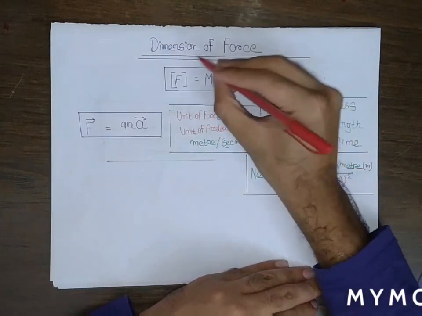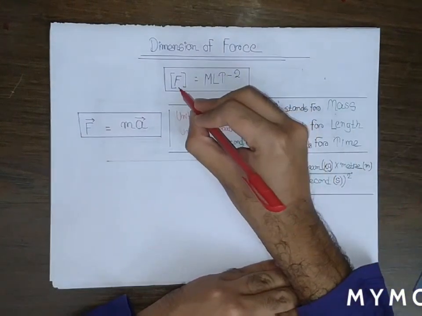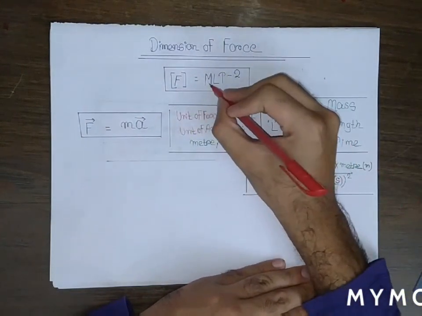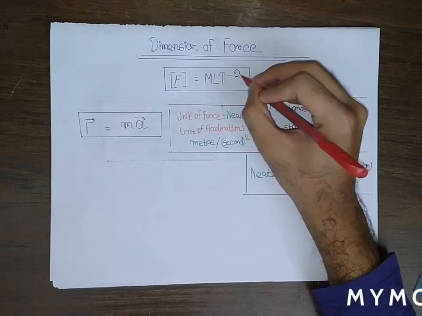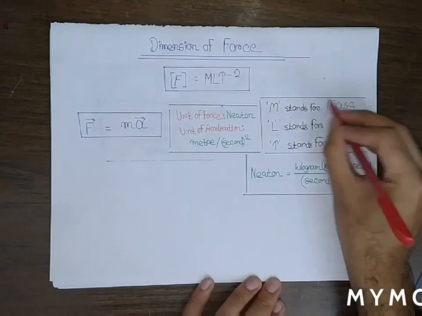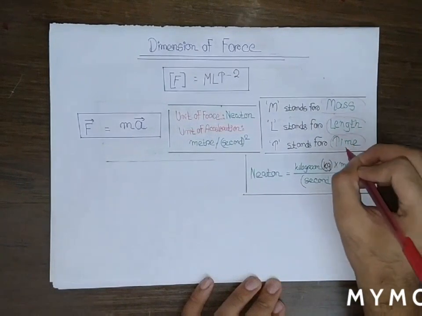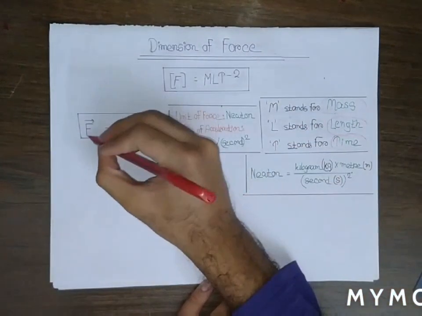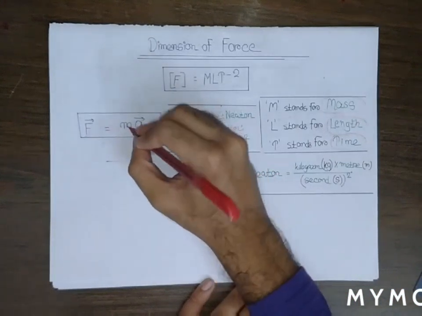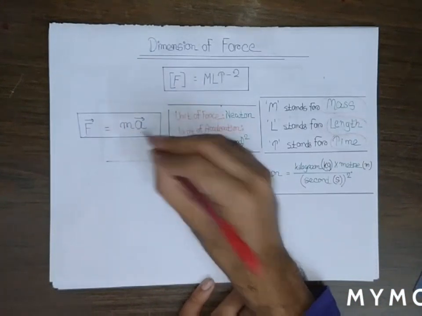Now, dimension of force. Here I have written the dimension of force equals to M L T inverse 2. M stands for mass, L stands for length, and T stands for time. Now, we know F equals to ma, m is mass and a is acceleration.